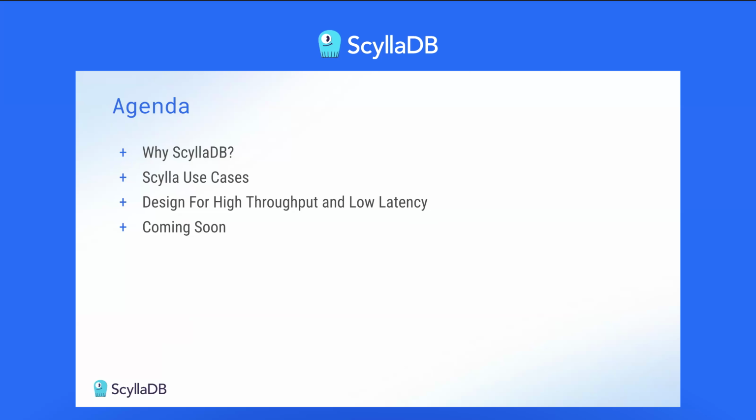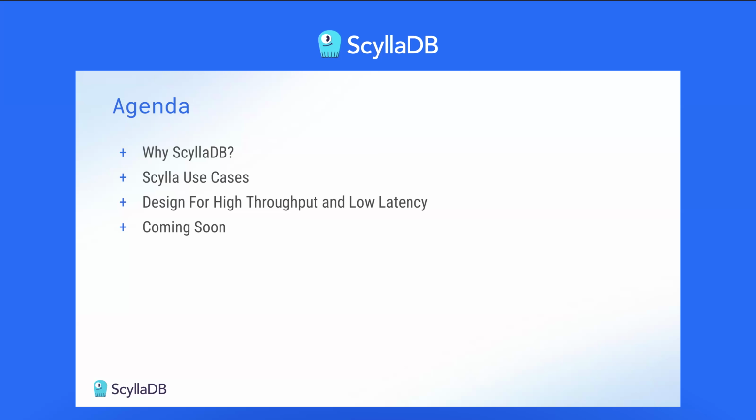Thanks, Attila. What we're going to do today is split the work between Attila and myself. Attila is going to explain what ScyllaDB is, give an introduction to ScyllaDB and ScyllaDB use cases, and maybe do a quick demo of ScyllaDB performance. Then I will deep dive into the design of ScyllaDB, how it was designed and implemented to support high throughput and low latency.